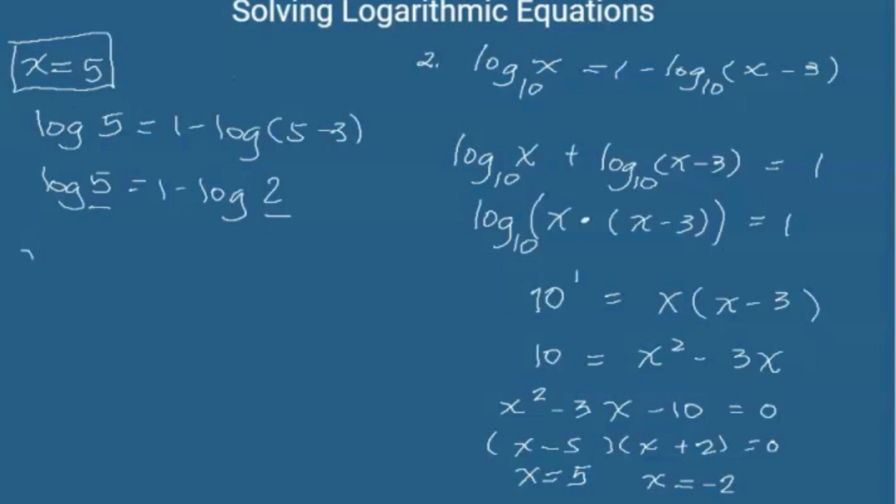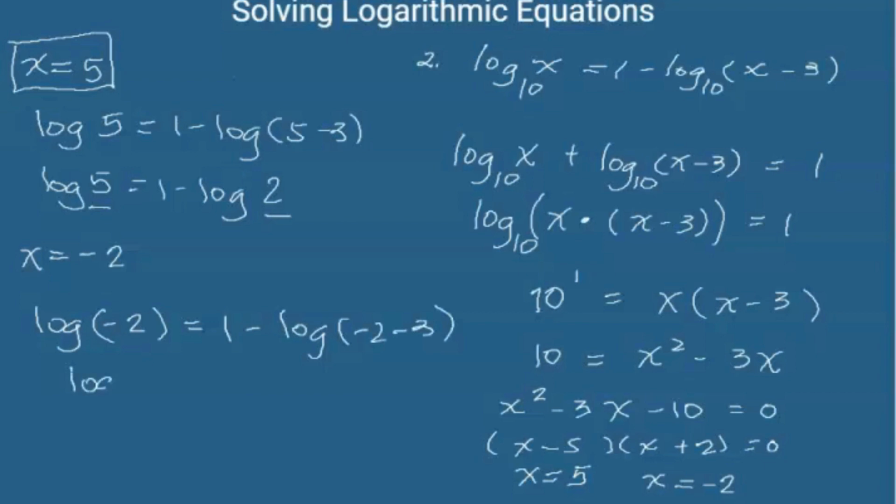Now let's check x equal to negative 2. So logarithm of negative 2 is equal to 1 minus the logarithm of negative 2 minus 3. So this is logarithm of negative 2 is equal to 1 minus logarithm of negative 5.